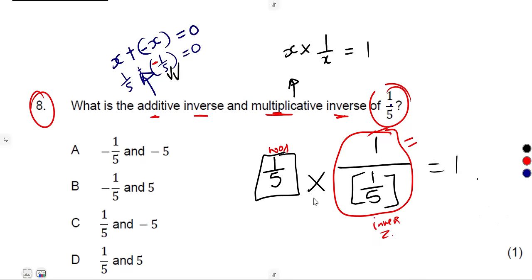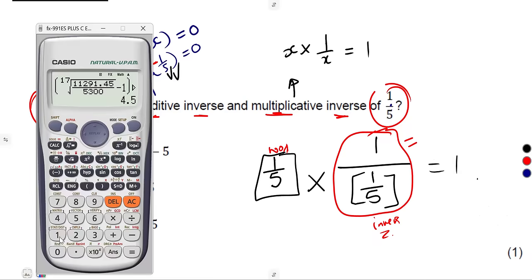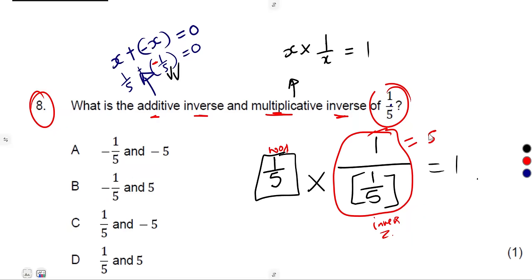Let's simplify and see, guys. 1 over 1 over 5. Use your calculator and see. That's a 5. So the multiplicative inverse is 5. If we simplify, you cannot leave your answer like that.